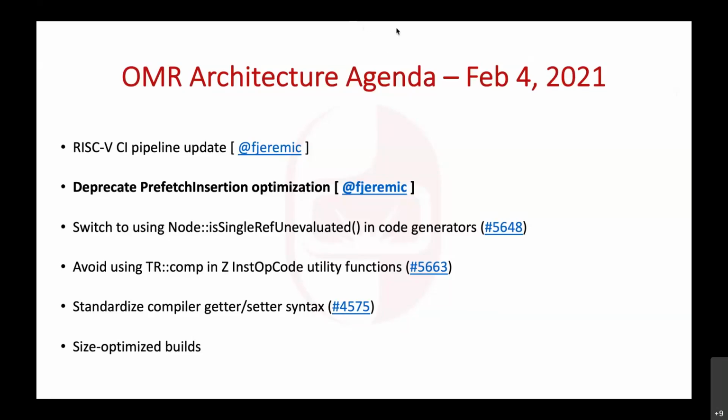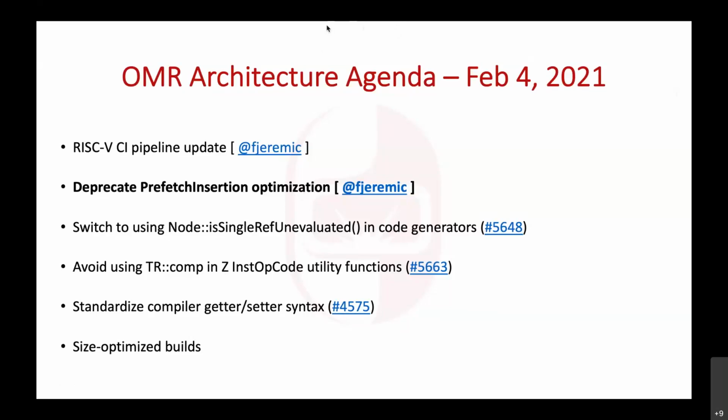The actual algorithm to analyze all the trees and figure out the right insertion points is an n-squared algorithm. So I believe we can save quite a bit of compile time by just not doing this. I've tried to dig back to see what drove this optimization in the first place, and I couldn't really find it.